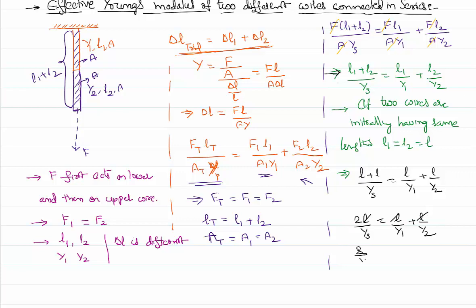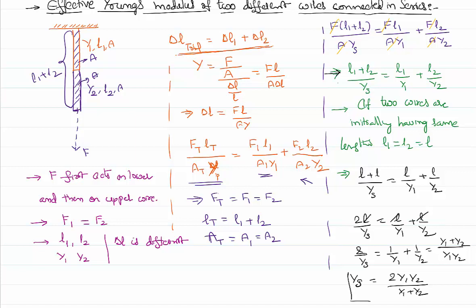Then 2 by Y series equals 1 by Y1 plus 1 by Y2, that is, Y1 plus Y2 over Y1 Y2. So Y series equals 2 Y1 Y2 by Y1 plus Y2.